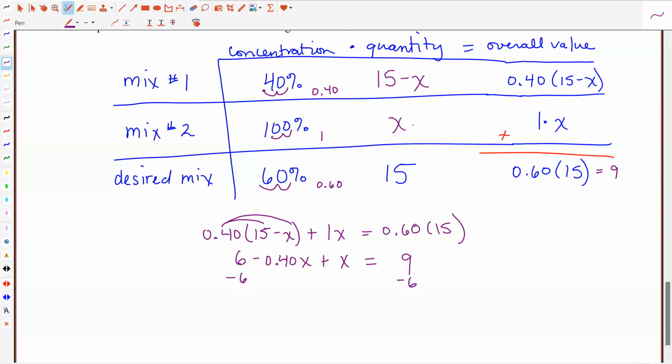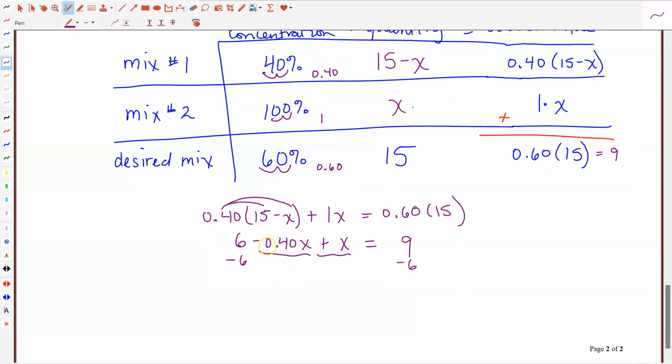I'm going to get my constants together by subtracting 6 from both sides, and I also have some like terms I can put together. Negative 0.40x plus 1x, combining the numbers in the front, gives me positive 0.60x is equal to, on the right hand side, 9 minus 6, which is 3.